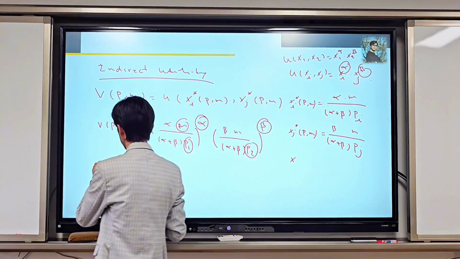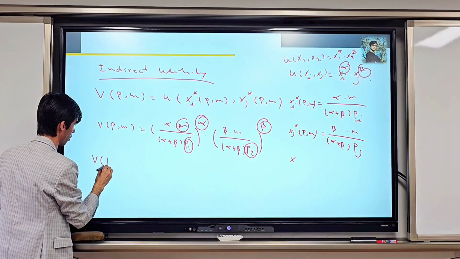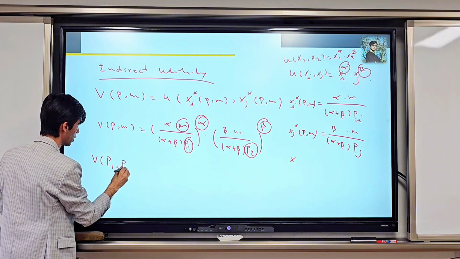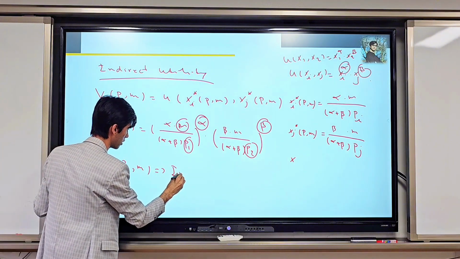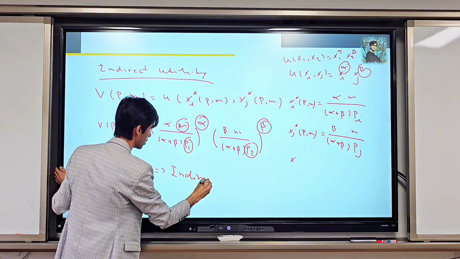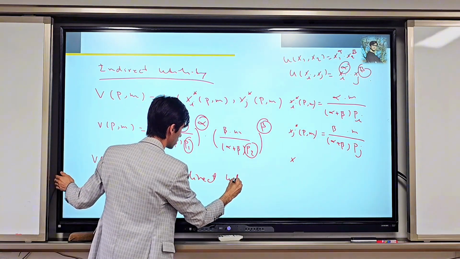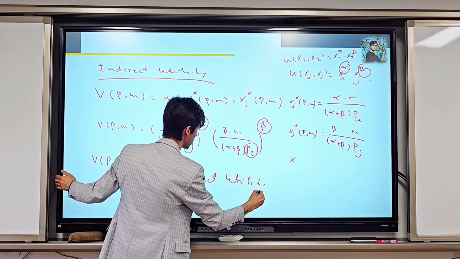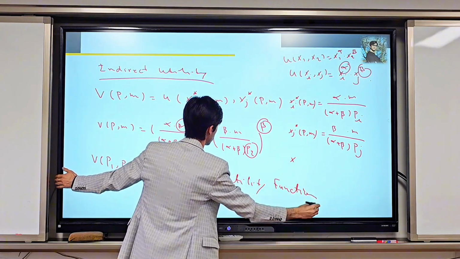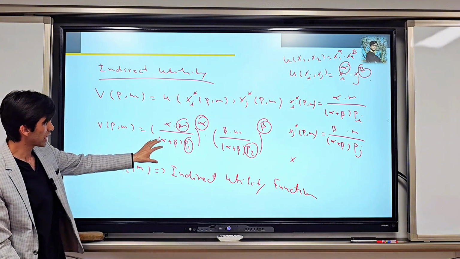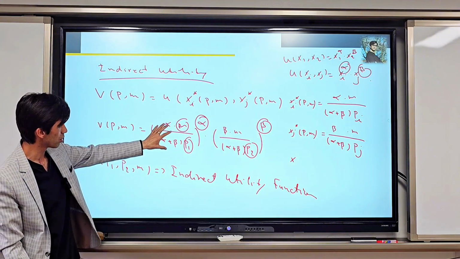As this is a function of p1, p2 and m, this is called the indirect utility function.